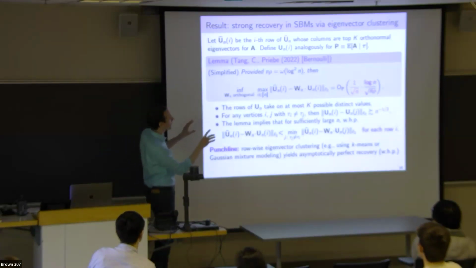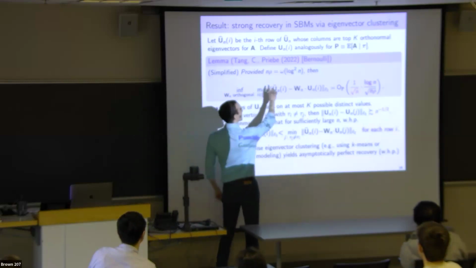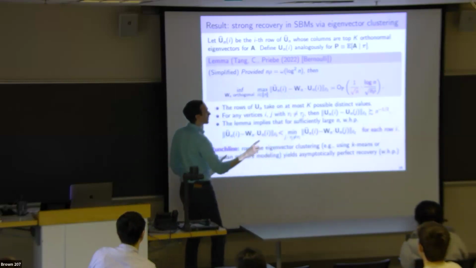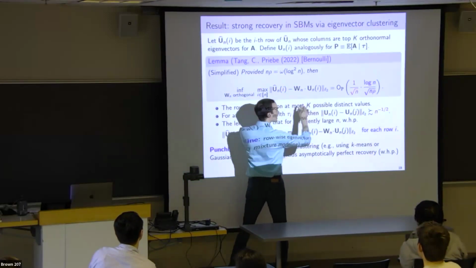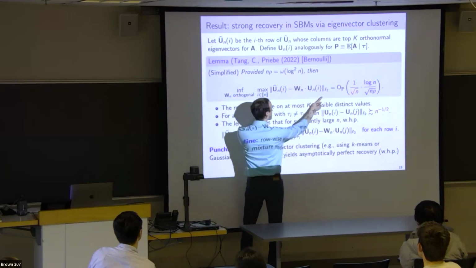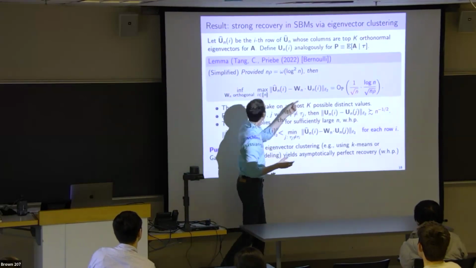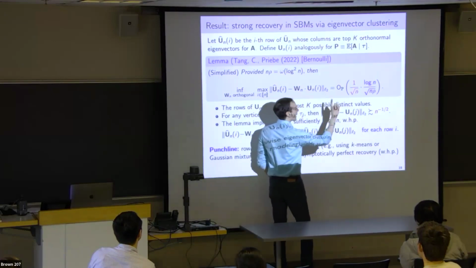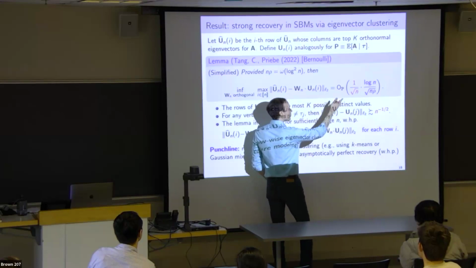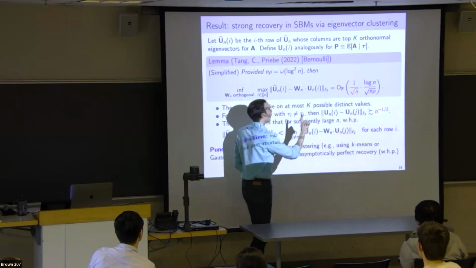We've seen it all before, but really the punchline is for graphs that are not too sparse, you can control the 2 to infinity norm distance, the max Euclidean norm distance between your sample eigenvectors and the population eigenvectors, explicitly in a way that captures the size of the matrix and the sparsity pattern.